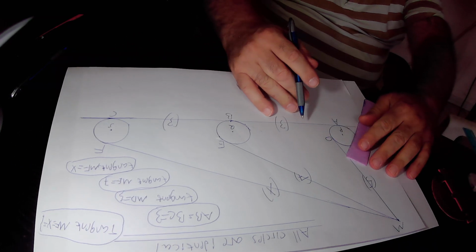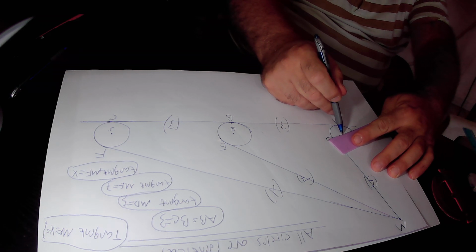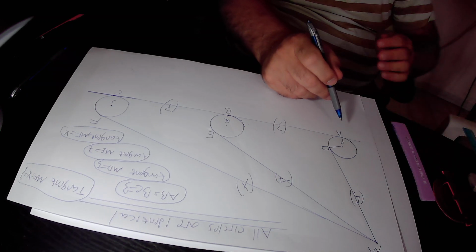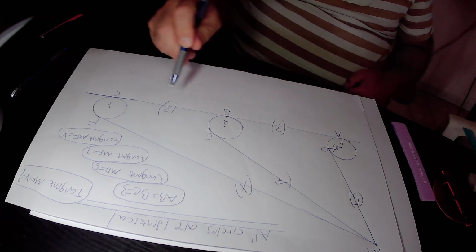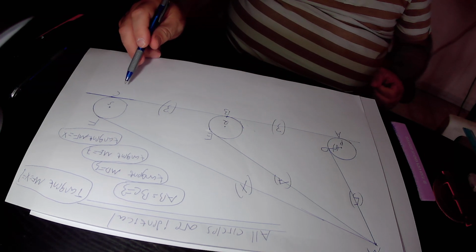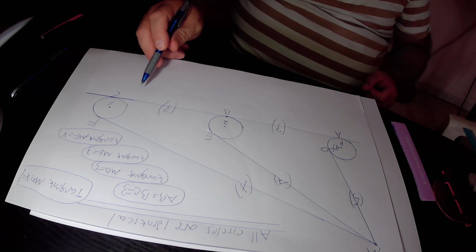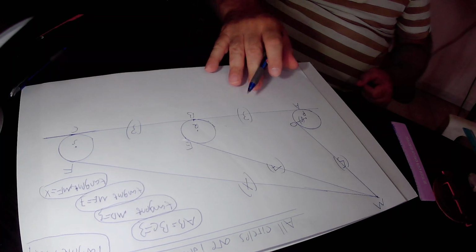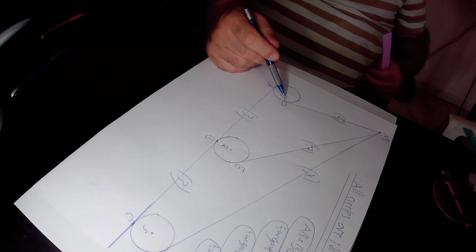PD is of course the radius of this circle, and we find the radius of this circle SR. And because those three circles are identical, all the radii of those circles will also be R.